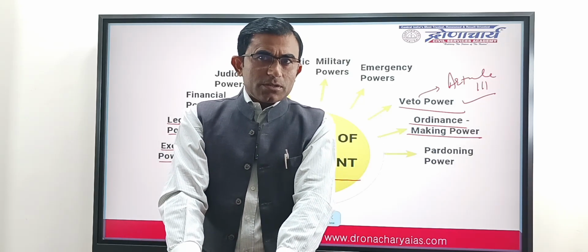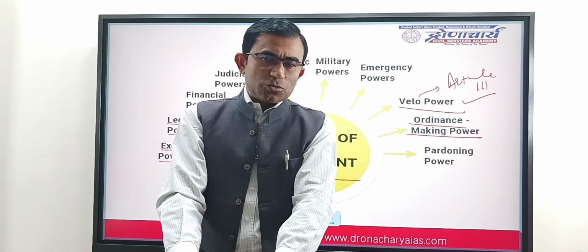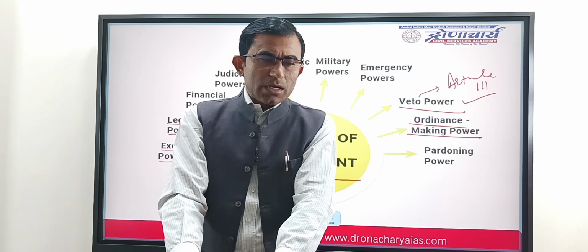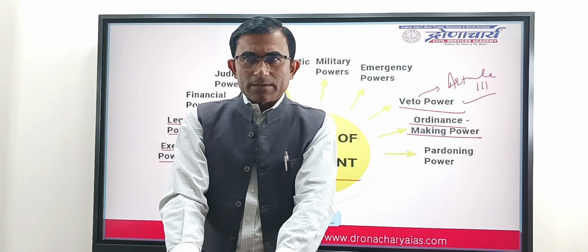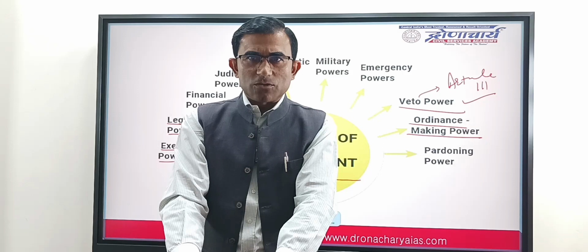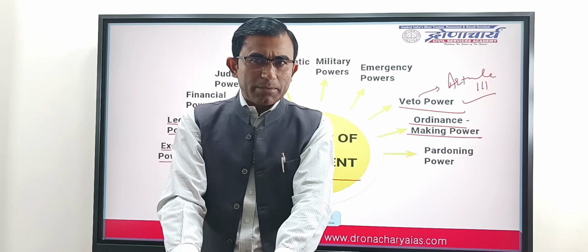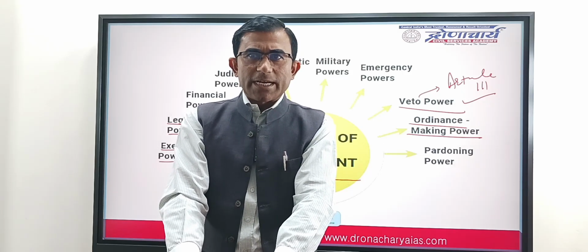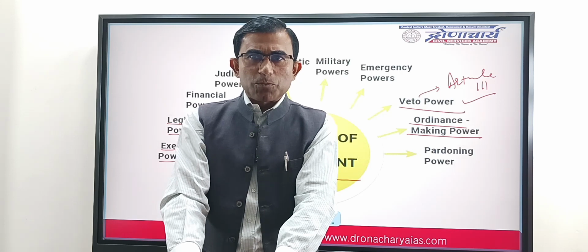Next is pocket veto. Article 111 of the Indian Constitution does not prescribe any time limit for the President to give his assent to a bill passed by the Parliament. The President can practically postpone action on a bill for an indefinite time and not return it to Parliament.